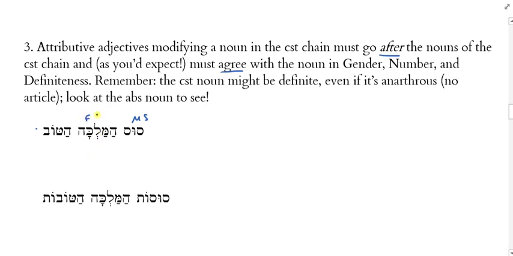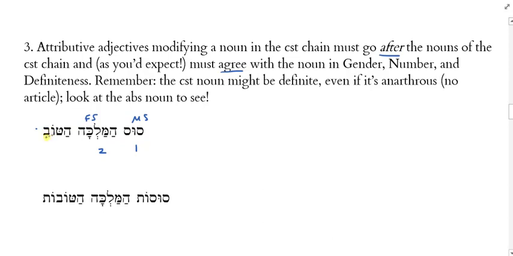So that is feminine singular. Okay? Is queen articular? Yes. So in my construct chain, the absolute noun is definite. So how am I going to translate sus? It's got to be the horse. It's definite because the absolute is definite. So it's the horse of the queen.